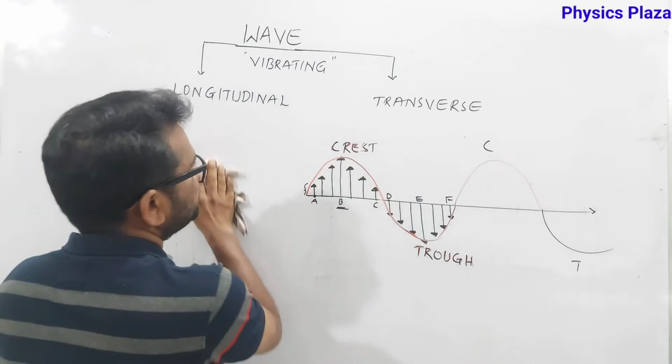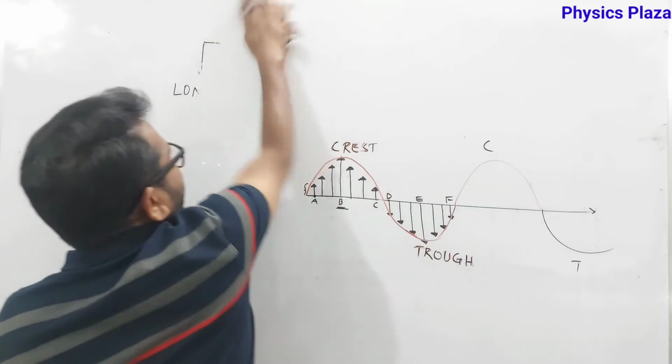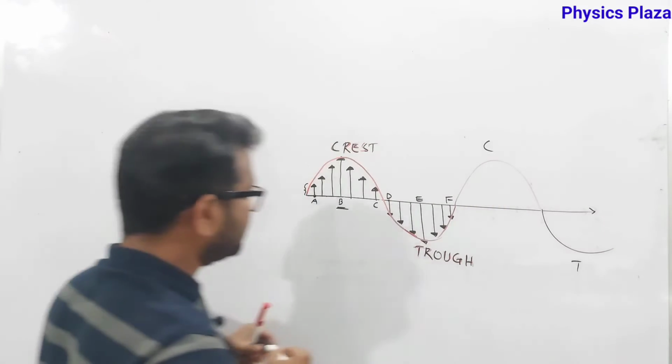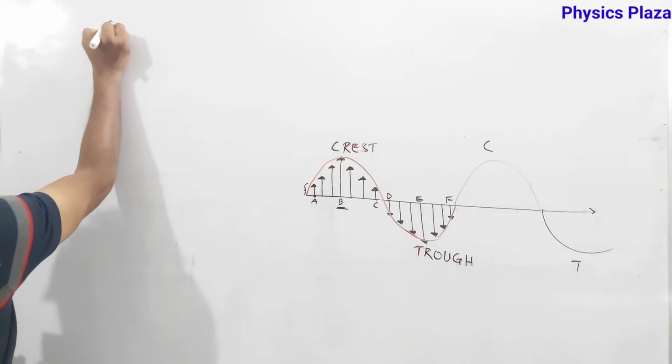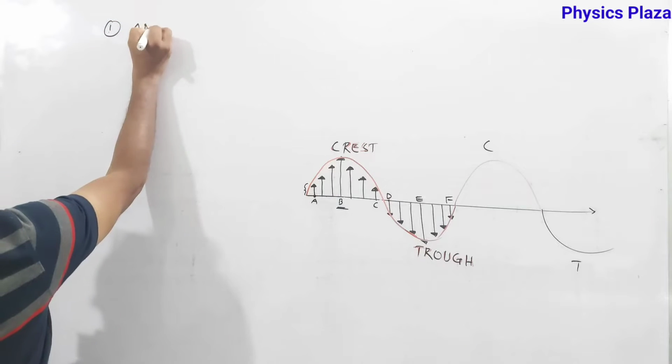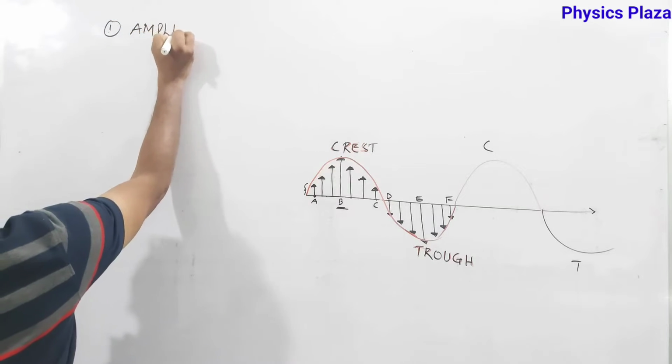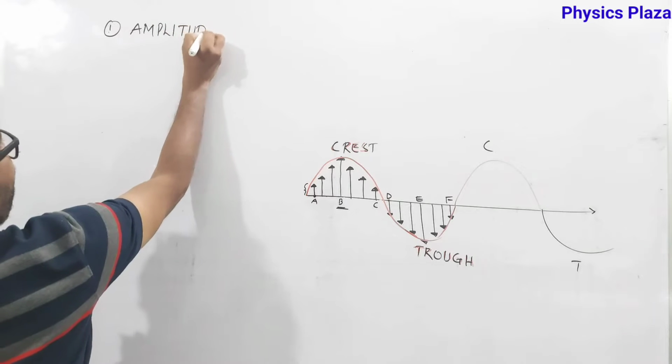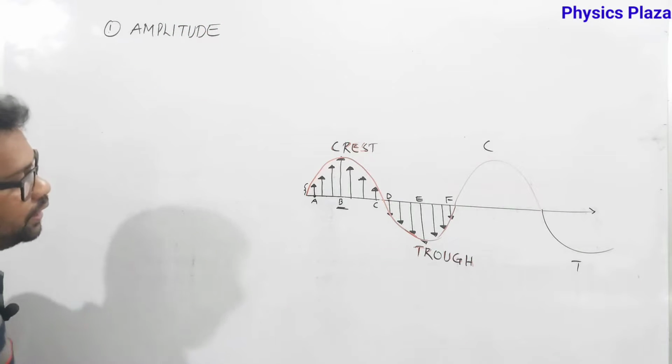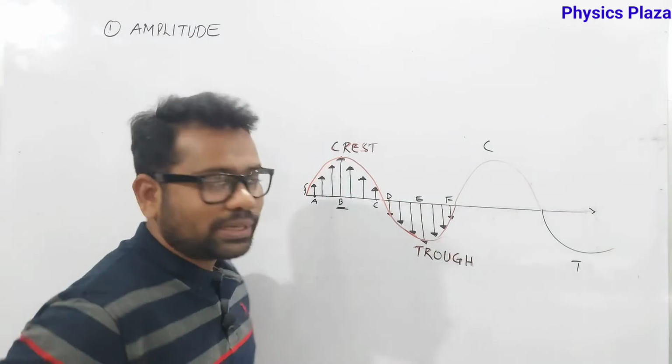Okay, now we have to discuss. The first important term, children, is amplitude. What is amplitude, children? Look at here. There is a reason why I didn't rub this diagram.